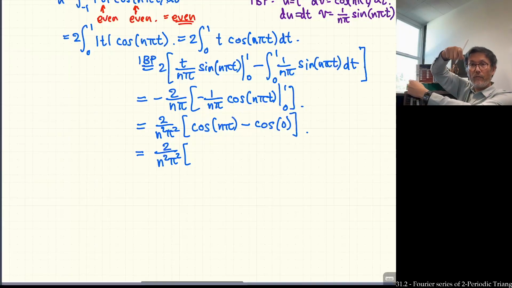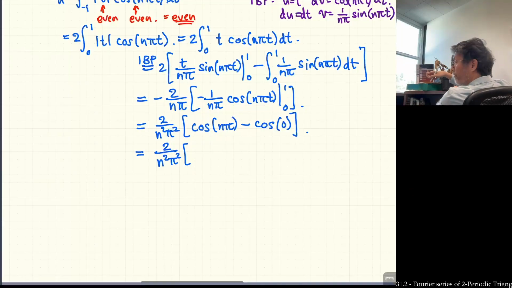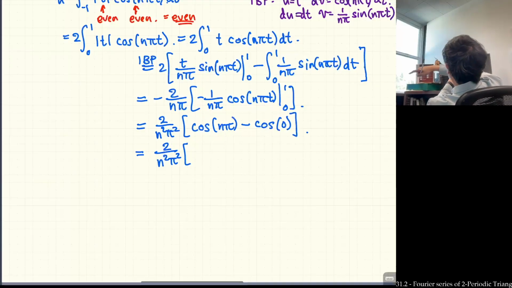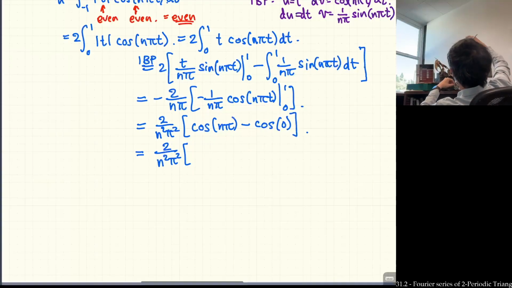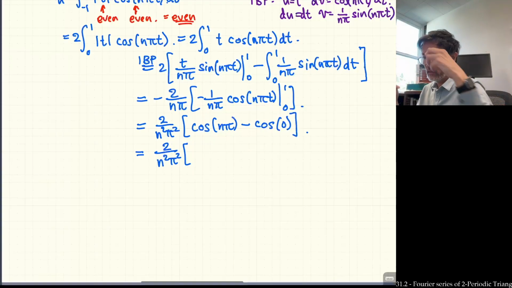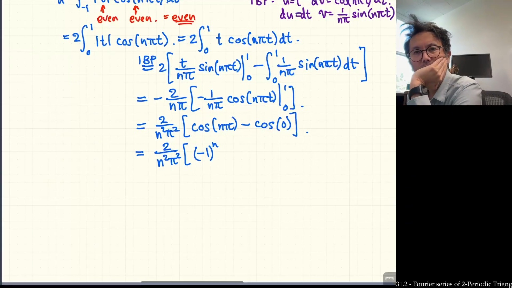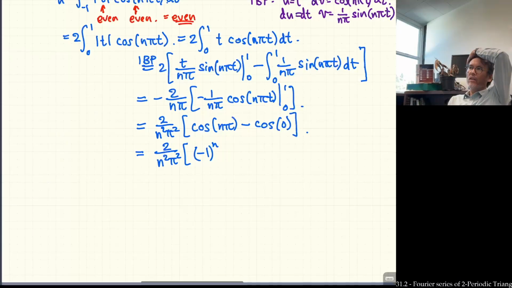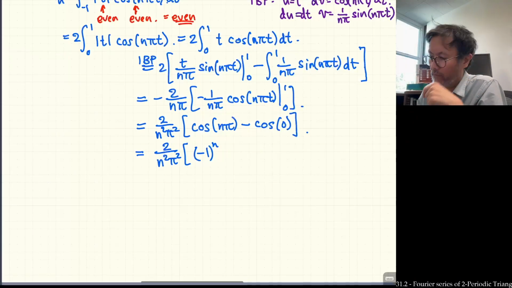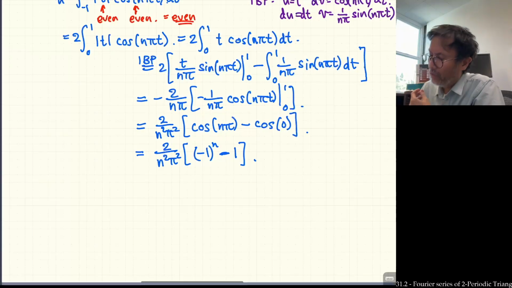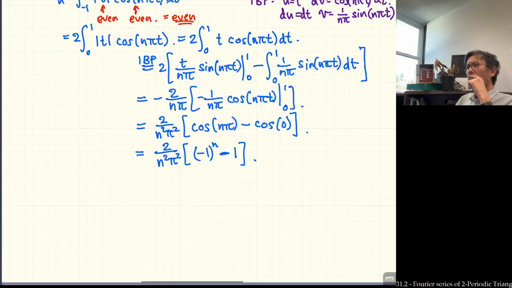But for odd values of n, like 1, 3, 5, 7, 9, 11, 13, etc., we're on the western compass point of the unit circle, and the cosine is -1 there. If you think carefully, that ends up being (-1)^n. And then cosine of 0 is 1, so we have minus 1. I think this is right so far.